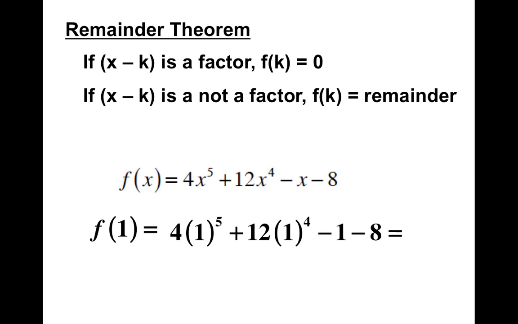When you plug in 1, that's 4 times 1 to the 5th, which is just 4, plus 12 times 1 to the 4th, which is just 12, minus 1 minus 8, which simplifies to 7. That means that 1 is not a factor and it will not go in evenly. So then you'd have to try a different number, maybe negative 1, to see if that will give you a remainder of 0.